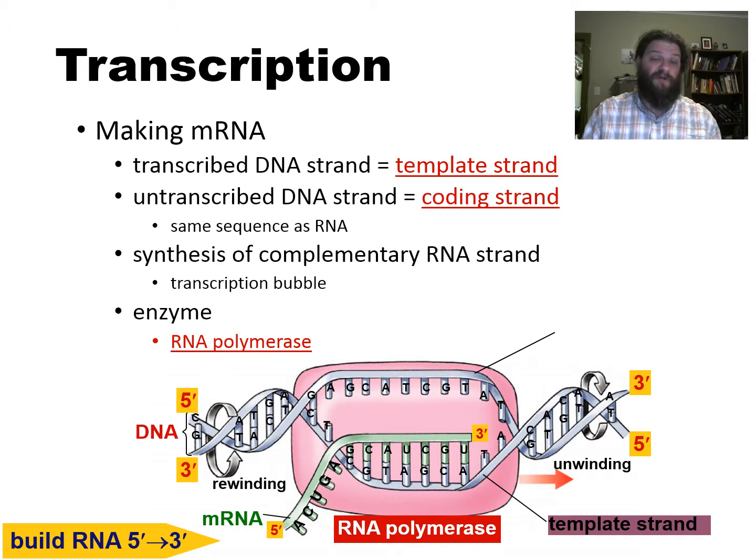One of the enzymes is called RNA polymerase. And that's the one that puts each individual RNA nucleotide onto the growing RNA molecule. And it can only add those new nucleotides onto the 3' end of the molecule, just like in replication, the same problem that we ran into there.